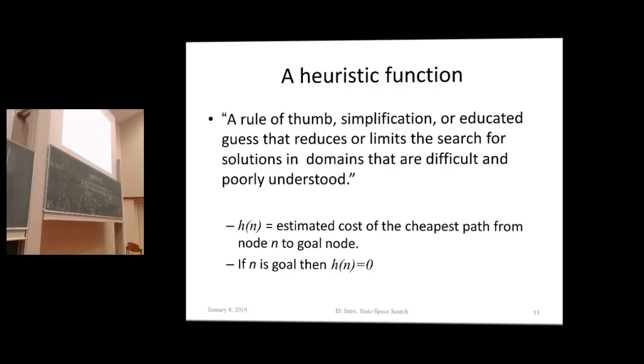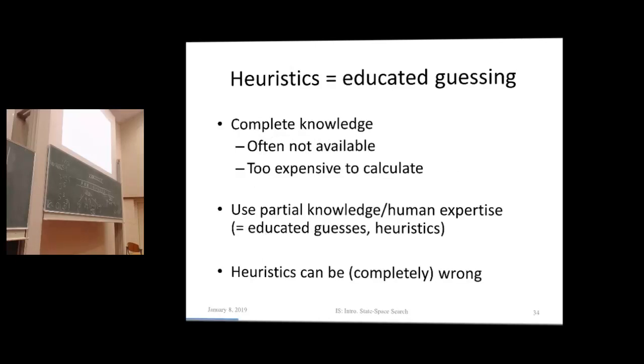So basically we have this h of n notation where h is the estimated cost of the cheapest path from a node n to the goal node. And when the node n itself is a goal node, then this heuristic function should have the value 0.